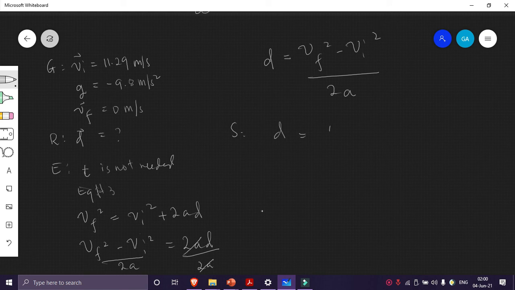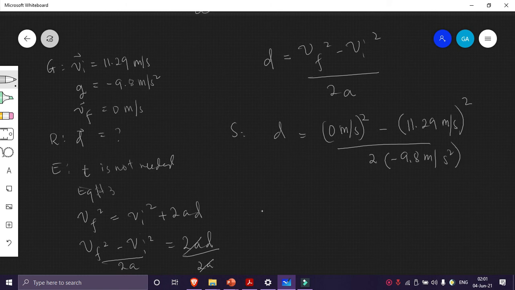Okay, Vf squared is 0 meters per second, squared pa din, minus 11.29 meters per second. Then, square natin siya sa labas. Over 2A, which is negative 9.8 meters per square second. So, this will be cancelled out.